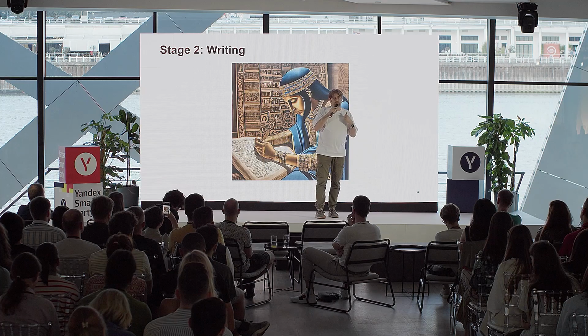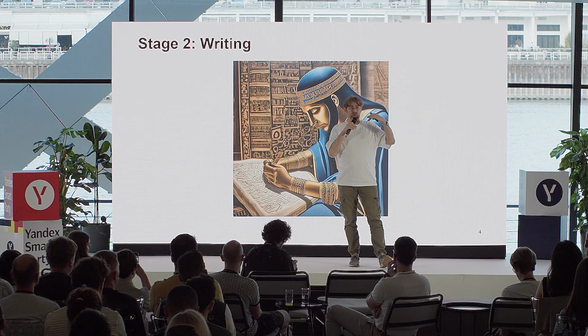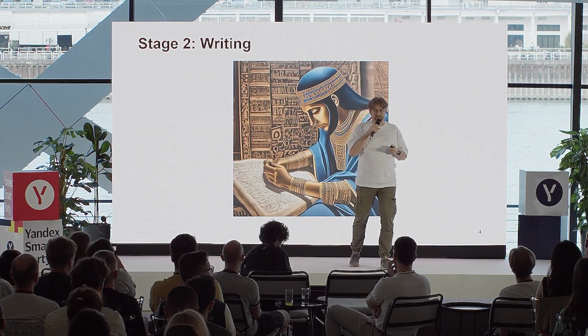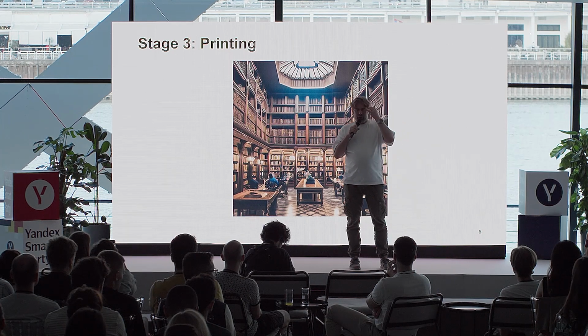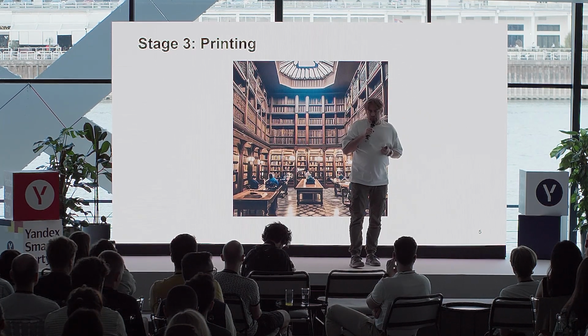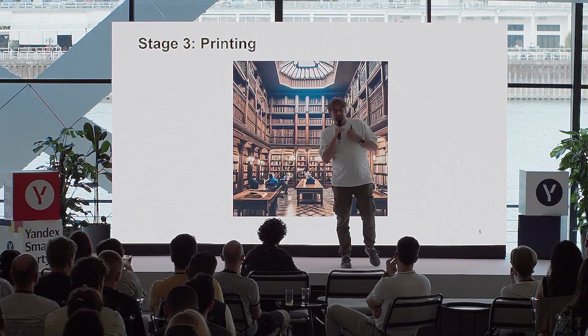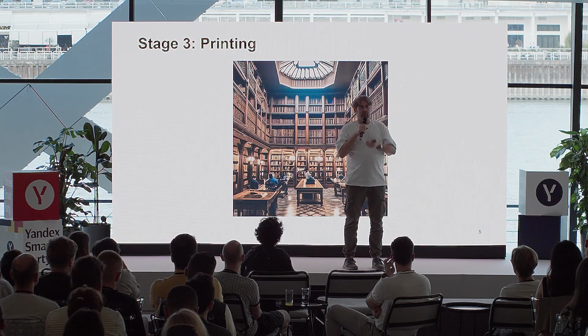The second important point is writing. It's a very limited method, but it still provided an opportunity to save and keep information. The third is painting. Painting gives us revolutionary access to information.